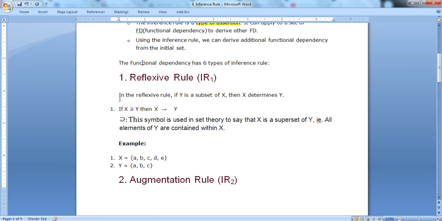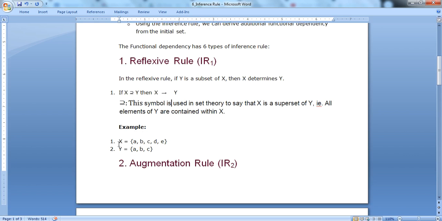In the reflexive rule, if Y is a subset of X, then X determines Y. This symbol is used in set theory to say that X is a superset of Y. All elements of Y are contained in X. Means if Y is a subset of X, meaning X is a superset of Y, then X determines Y. That is simply the first rule, the reflexive rule.